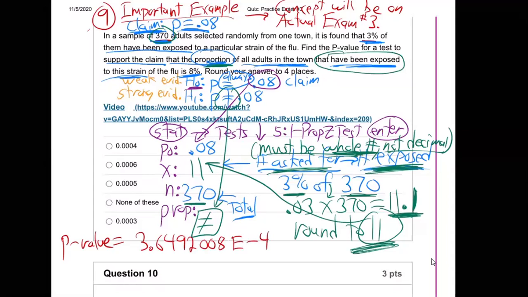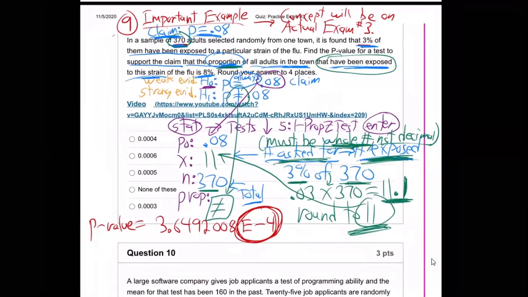E minus 4. So this is the part I want to make sure you know how to handle. That E minus 4 means you take this decimal point right here, and you go back 1, and you're to the edge of the number, 2, 3, 4.